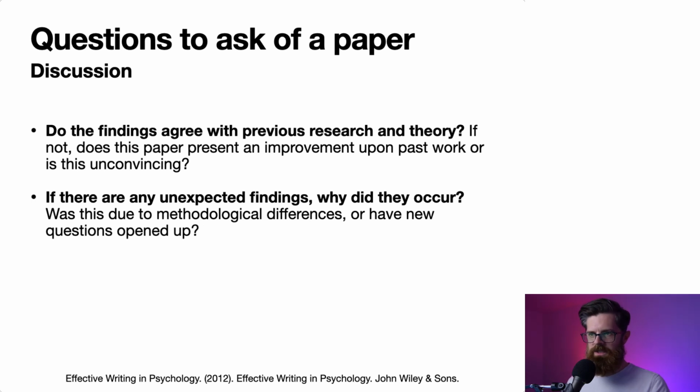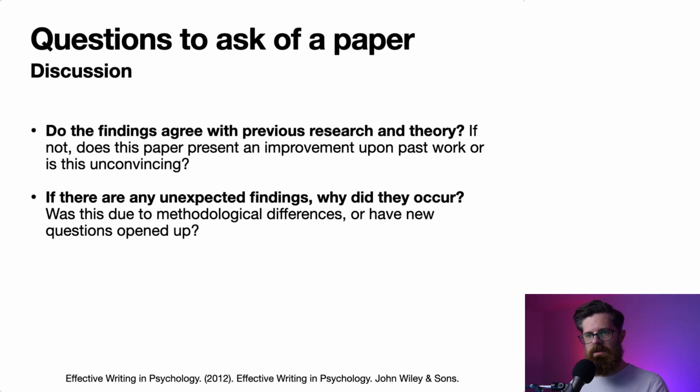Another good question: are there unexpected findings? If so, why did they occur? Could this be something genuinely new, which is true, or could it be some kind of byproduct?